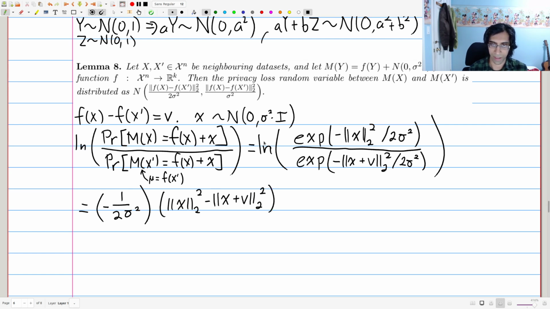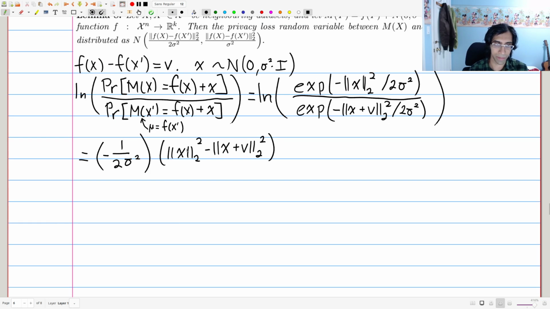So this is just combining these, taking the log. And now what we can do is expand these L2 norms into their components.